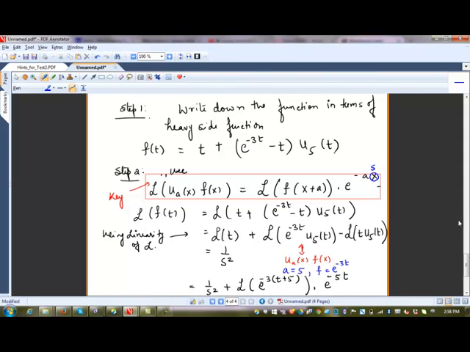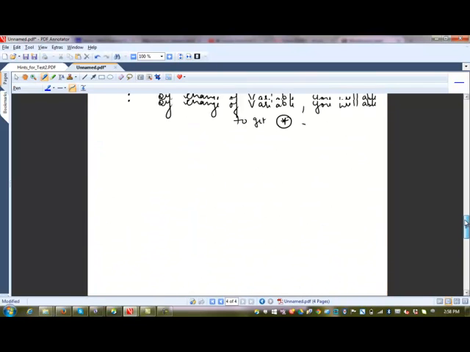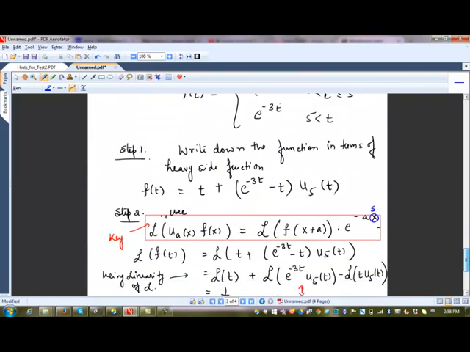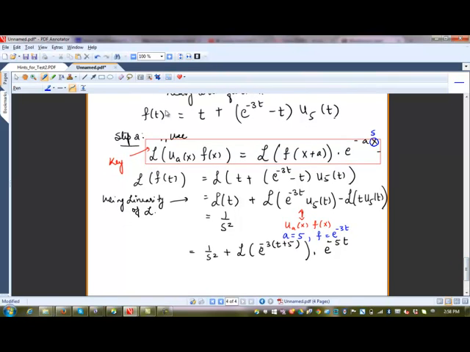It should be s here and it should be s here, because the Laplace transform eventually should be in terms of s. So I missed this point. So this turns out to be s here, by using this formula.